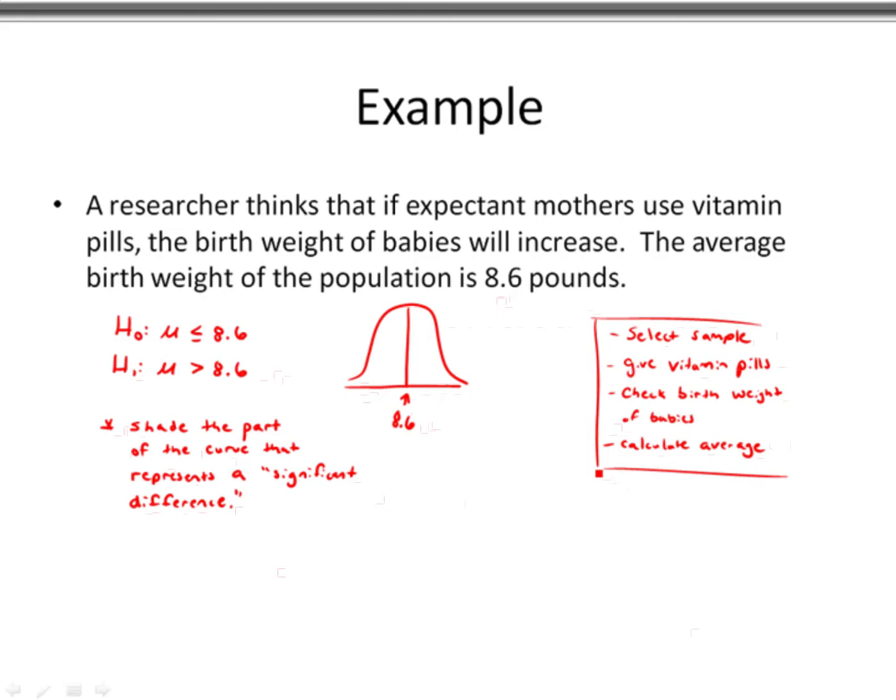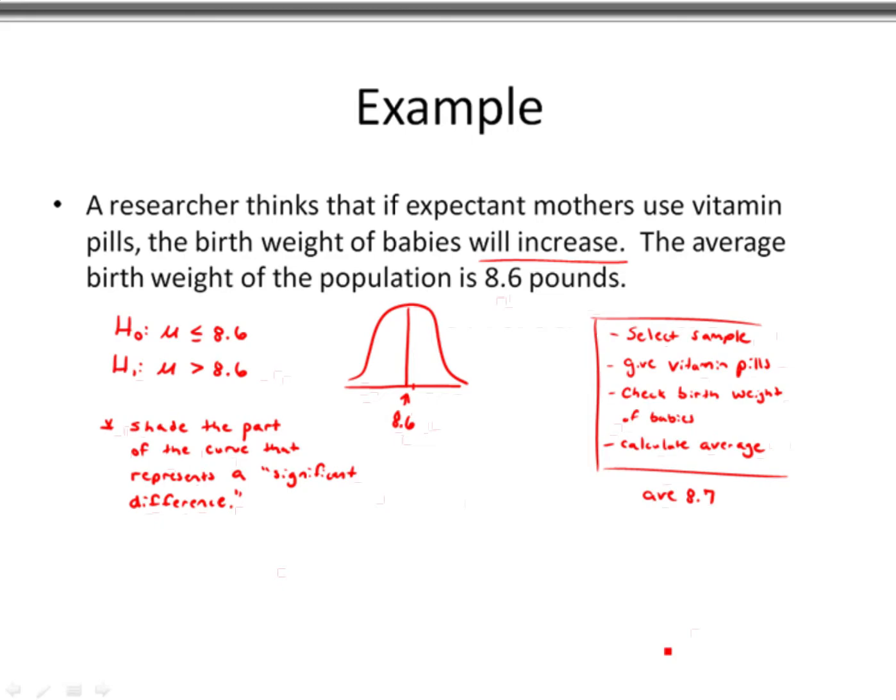Okay, so let's say that we do that, and let's say that we come up with an average birth weight of, say, 8.7. Now, that actually is an increase over the 8.6, so it is what we want in that the vitamin pill is going to increase the birth weight. But what you want to consider is, does it significantly increase the birth weight? 8.7 is going to mark off maybe right about here on the curve.